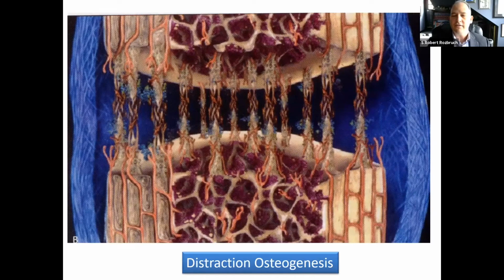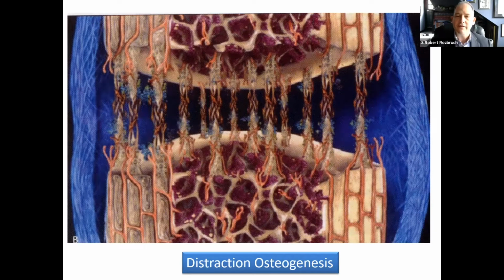Distraction osteogenesis is the predominant tool that we use for bone lengthening. So distraction osteogenesis is a brilliant biological, physiological phenomenon that was discovered by Ilizarov about 70 years ago now.